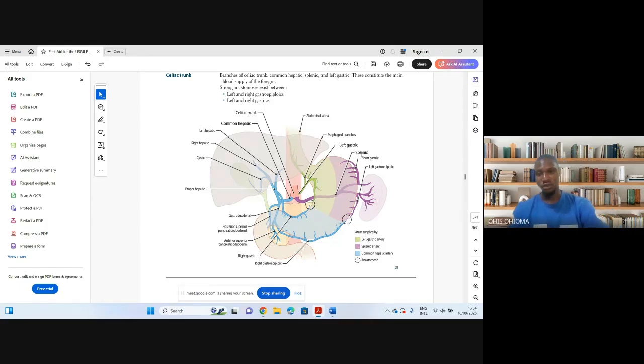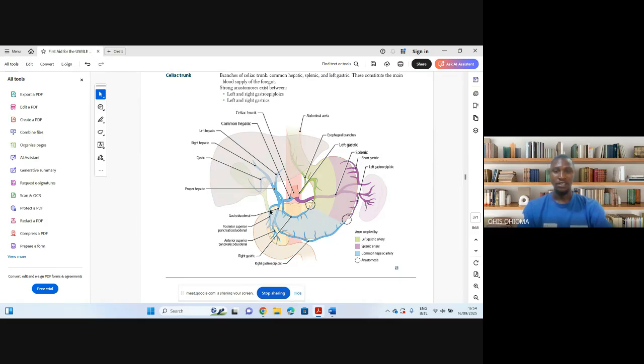Another thing you have to know is that another high yield vessel that you need to know for the exam is the gastroduodenal artery that now gives rise to the right gastroepiploic. The right gastroepiploic supplies the majority of the greater curvature of the stomach.